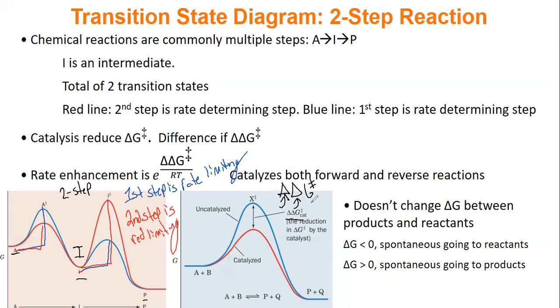So that's why it gets two deltas, because that first hump is already called delta G double dagger. And so an enzyme's changing that value. So that's why it's delta delta G double dagger. Something that always confused me as a student.